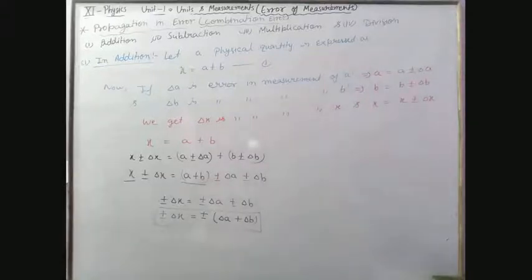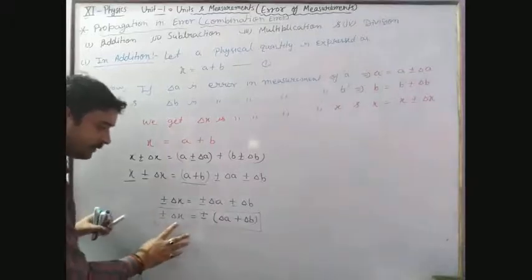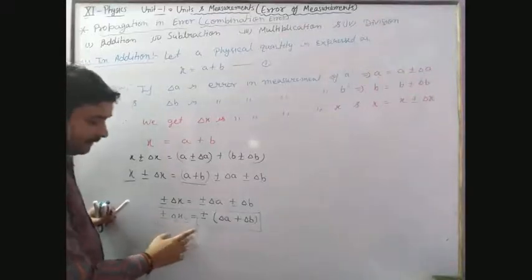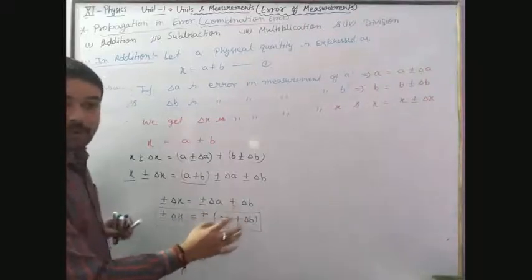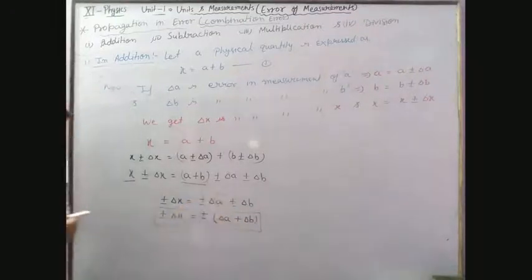It is very clear that the error in addition is equal to the sum of error in individual quantity.